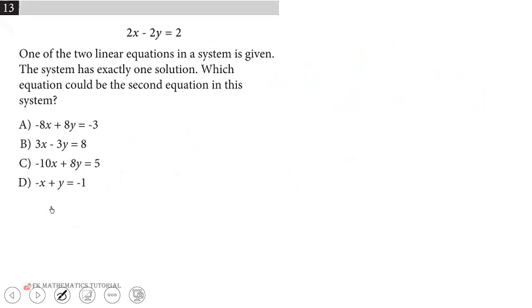One of the two linear equations in a system is given. The system has exactly one solution. Which equation could be the second equation in this system? When you simplify the system, you get x minus y is equal to 1. So this thing will give you minus x plus y is equal to negative 3 over negative 8.